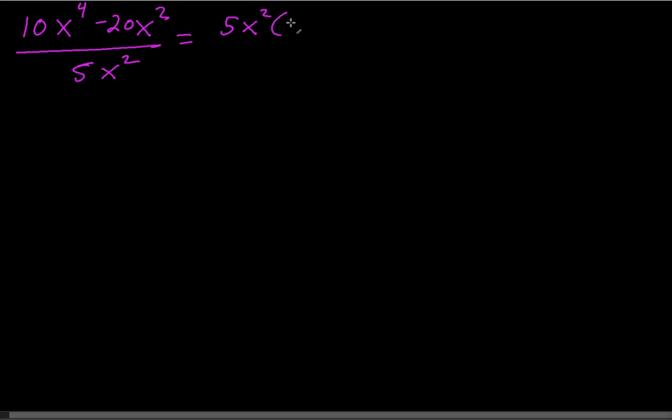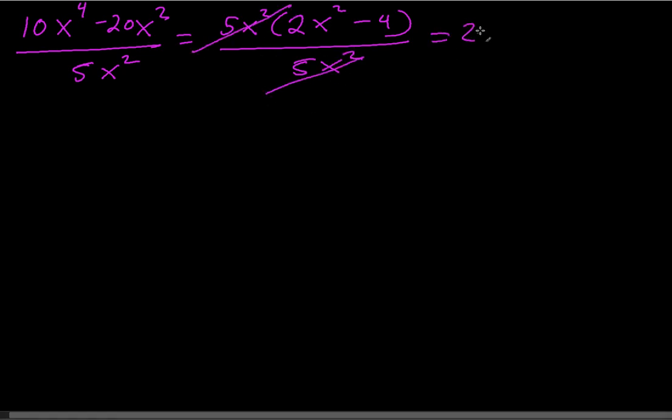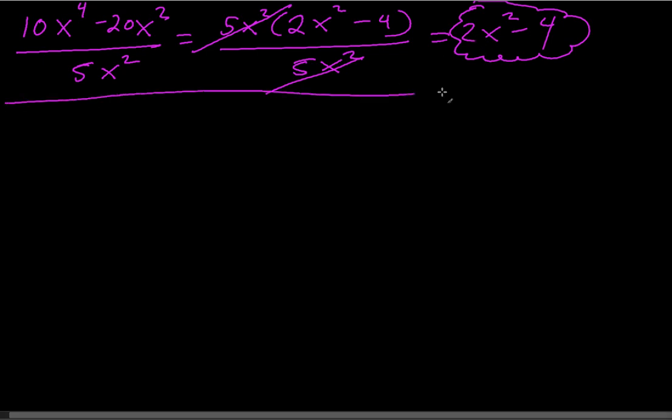And what do I get? 2x squared minus 4 over 5x squared. And look at that, I can just simply cancel them. So I get 2x squared minus 4. Well, that's the answer. And that is, by definition, how you divide. So that's not too bad, actually. What else can I do?